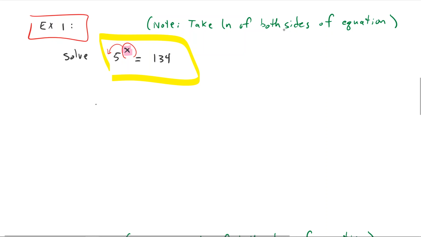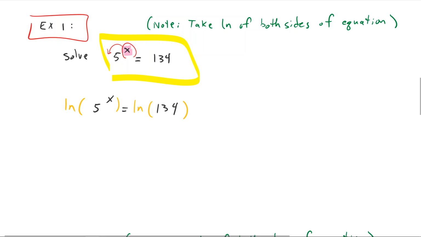We'll have our equation 5 to the x equals 134, and I'm going to take the natural log of both sides of the equation. It doesn't matter if you take the natural log, the common log, or a log of any base, as long as you're consistent on both the left and right side.